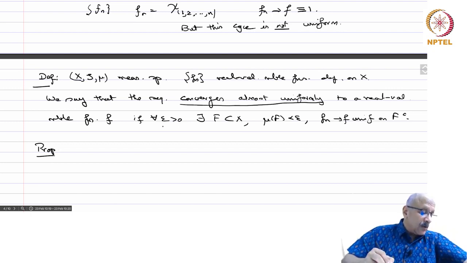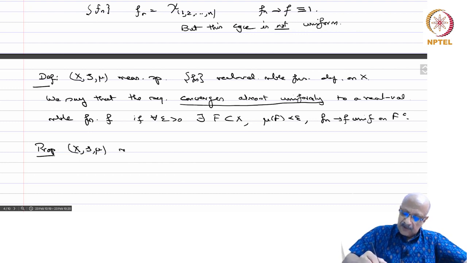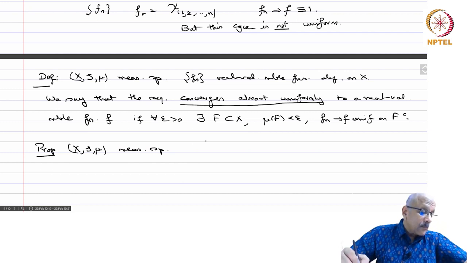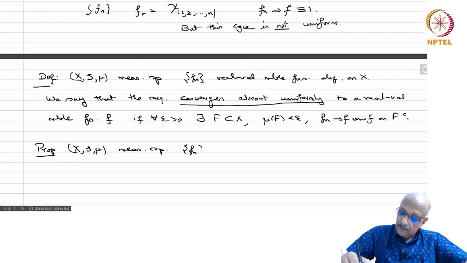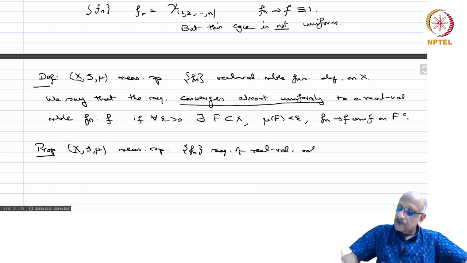Okay, so let X, S, mu be a measure space, f_n a sequence of real valued measurable functions.